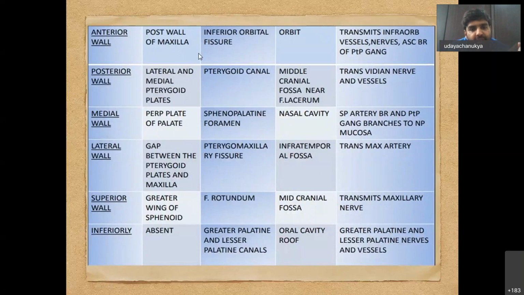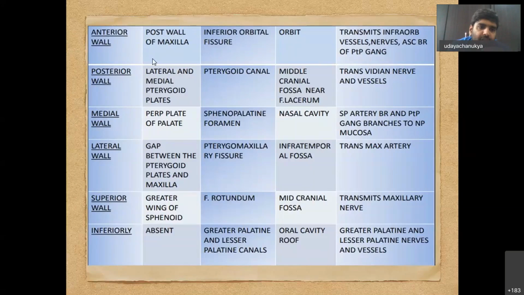Anterior communication is towards the orbit via the inferior orbital fissure, transmitting infraorbital vessels and nerves and the ascending branch of the pterygopalatine ganglion.